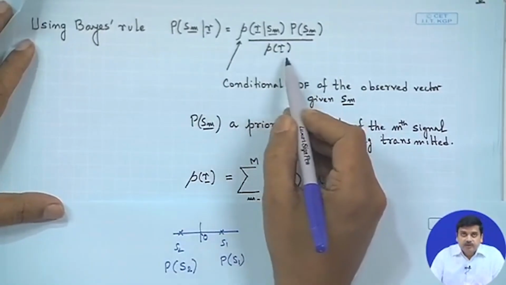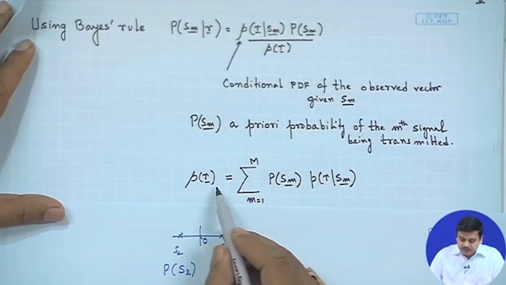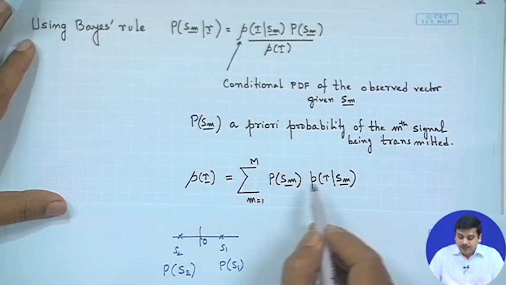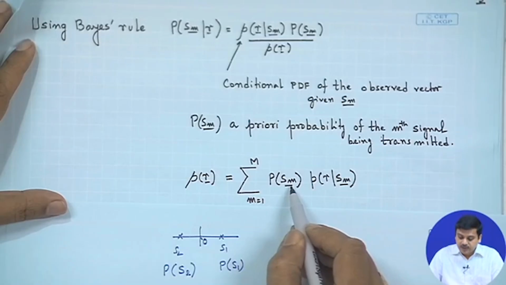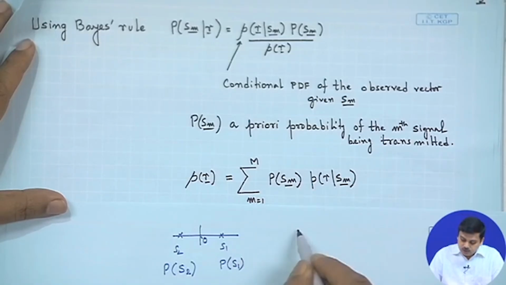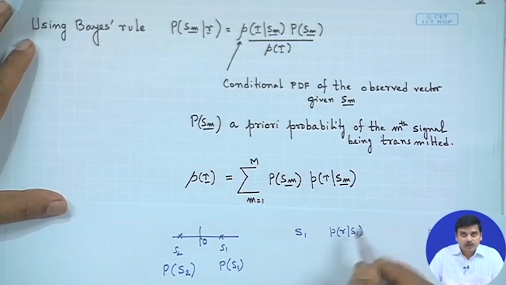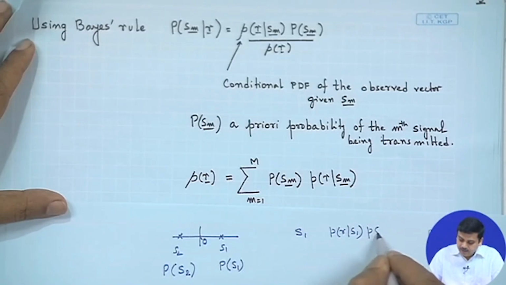And if you look at it, P of R could be expanded as P of R given Sm multiplied by the probability of Sm. So, suppose you choose S1, then you get P of R given S1 multiplied by P of S1, plus P of R given S2 times P of S2.